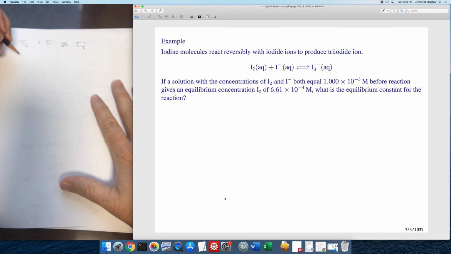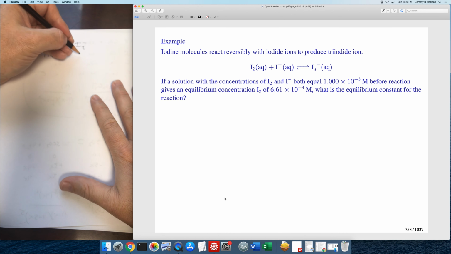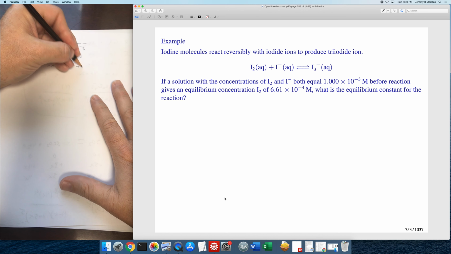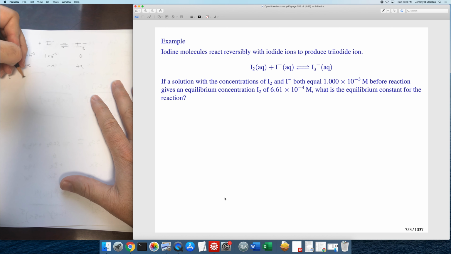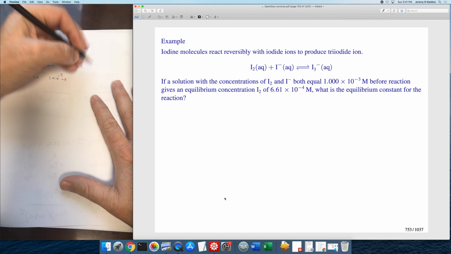So initially, we've got 1 times 10 to the minus 3 and 1 times 10 to the minus 3 for the initial concentrations. We'll take this to be 0. The change line: minus x, minus x, plus x. Add these together: 1 times 10 to the minus 3 minus x, 1 times 10 to the minus 3 minus x, and x.